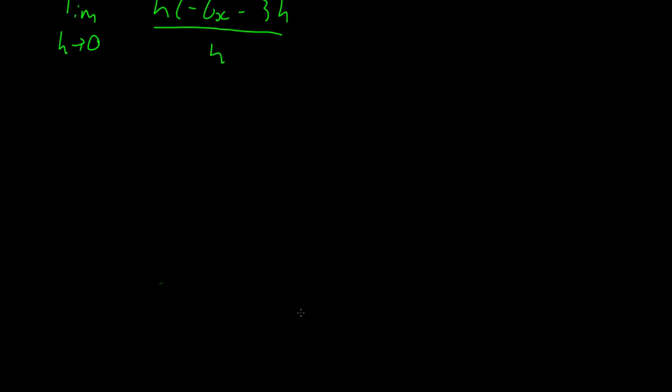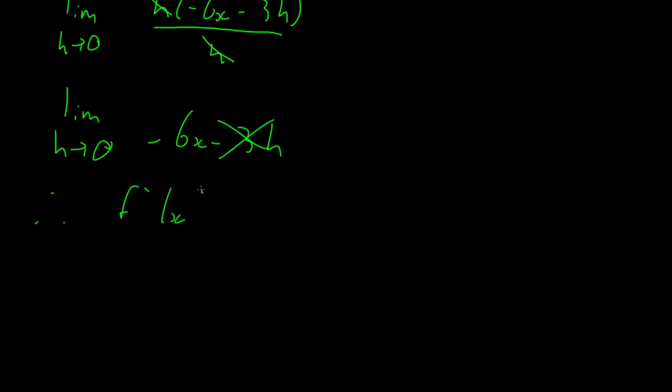Let's quickly erase that. What we can then do is cancel these h's and write, and of course as h approaches 0 we cross this out. Minus 6x, and that's the final answer.